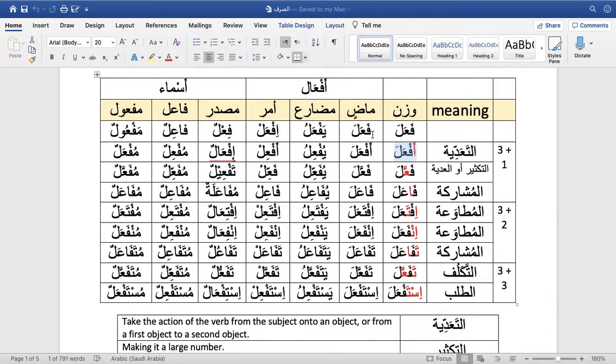Now, unlike this line here, every single fi'l from af'ala and onwards will follow the same pattern. So in the madi is af'ala, like ajlasa, a'lama, a'lana, adraba, etc. In the mudari', it means that we have the first letter, the hamza, which will get a fatha, the fa'ul fi'l a sukun, and the ainul fi'l a fatha.